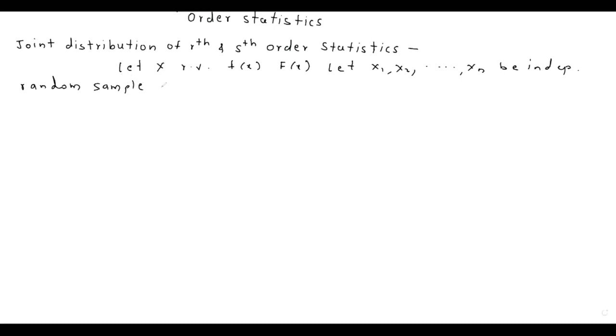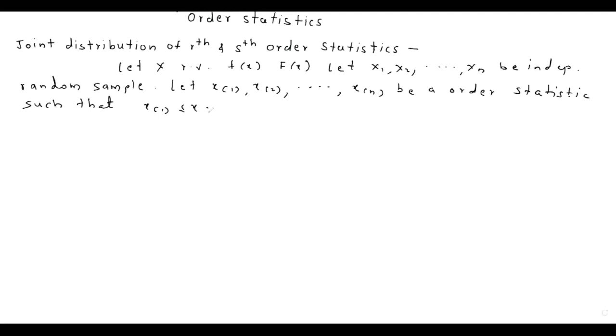Let X of order 1, X of order 2, up to X of order n be the corresponding order statistics, such that X of order 1 is less than or equal to X of order 2, less than or equal to, and so on, up to less than or equal to X of order n.